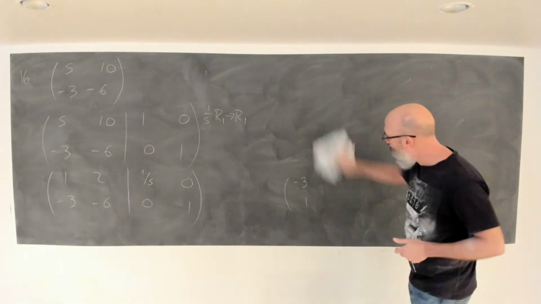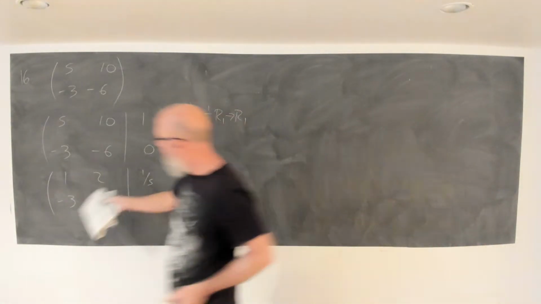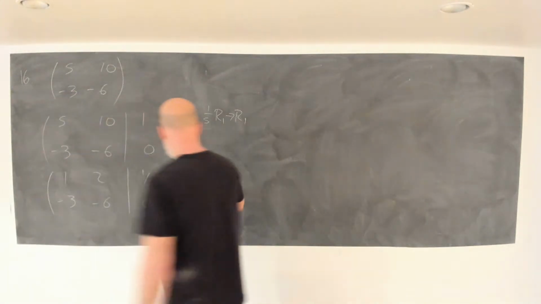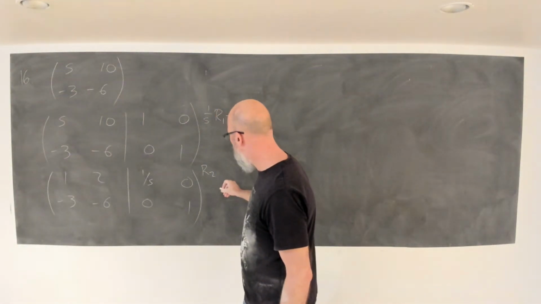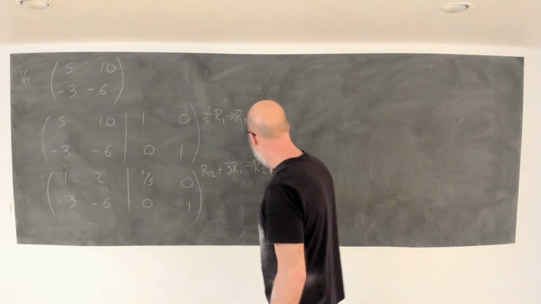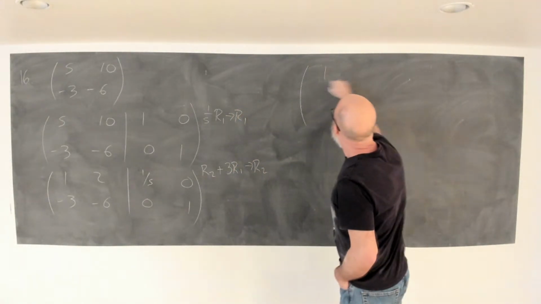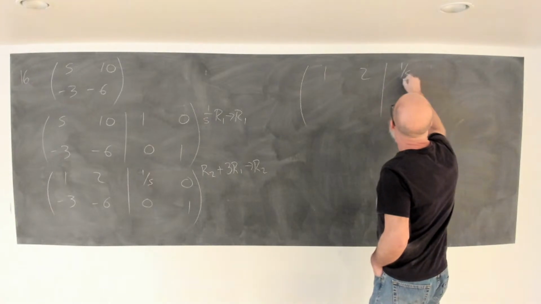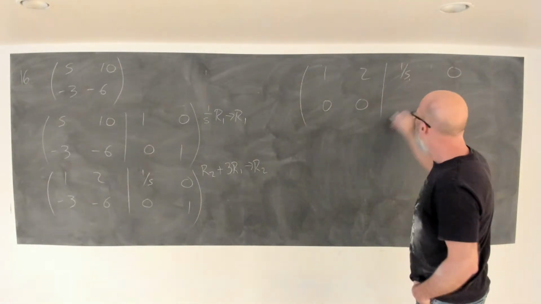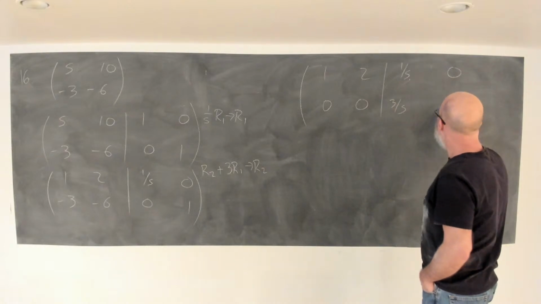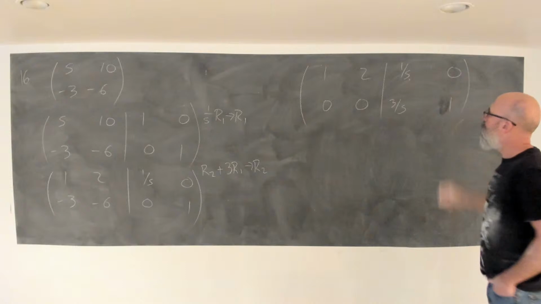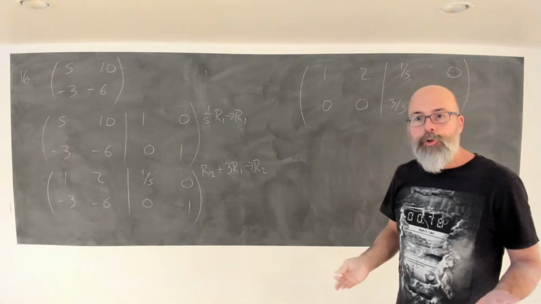In other words, if you can solve for the A, B, C, D. A simple next operation here, row 2 plus 3 row 1 for row 2, gives us a row of zeros here. 3/5, and we're in trouble.